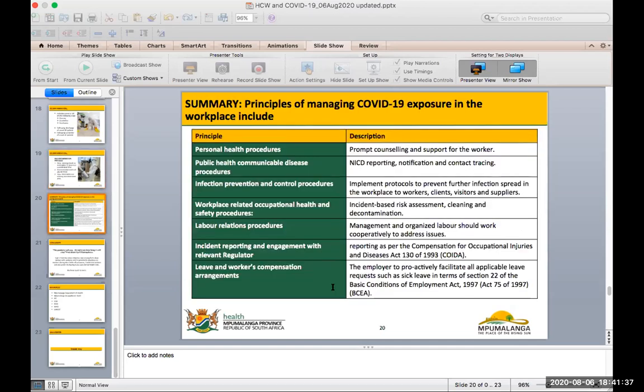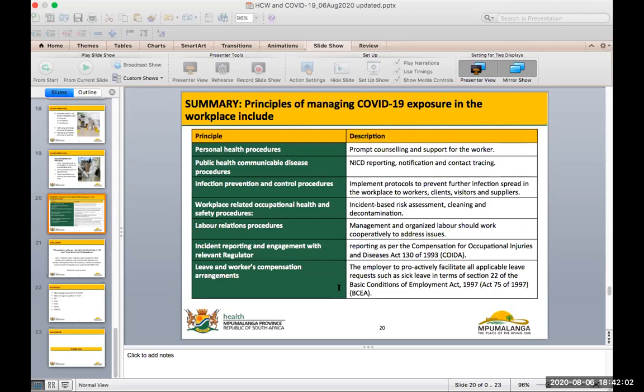In summary, principles of management of COVID exposure in healthcare workplaces will include improving in-person health procedures by providing counseling and support for care workers. It will also include public health communicable disease procedures. So we need to follow NICD reporting, notification, and contact tracing to cap the spread of the disease.